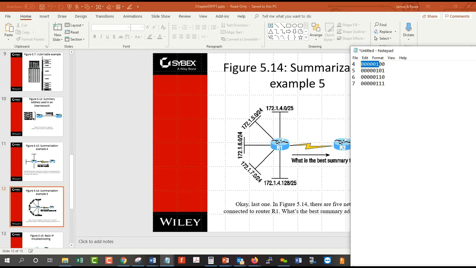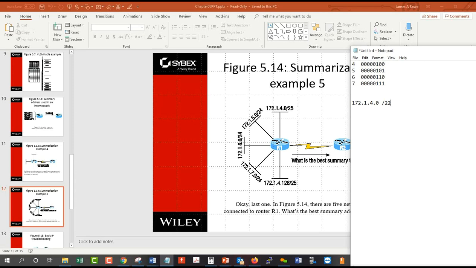So to summarize this, okay, the address to summarize all of these addresses up above would be 172.1.4.0 with a, we could use that as a, let's see, 16, and then 16 and 6 is a 22, /22, okay?